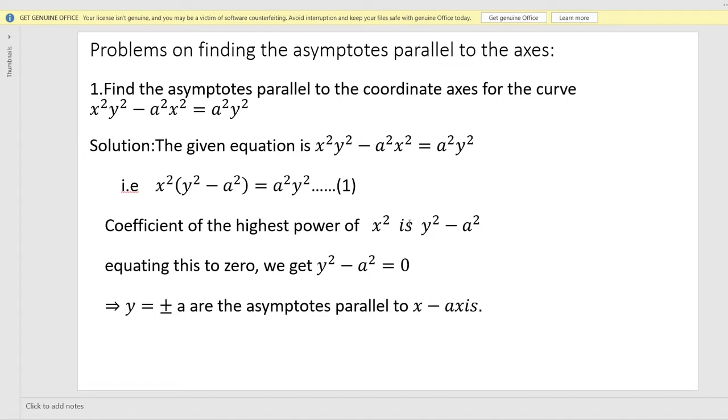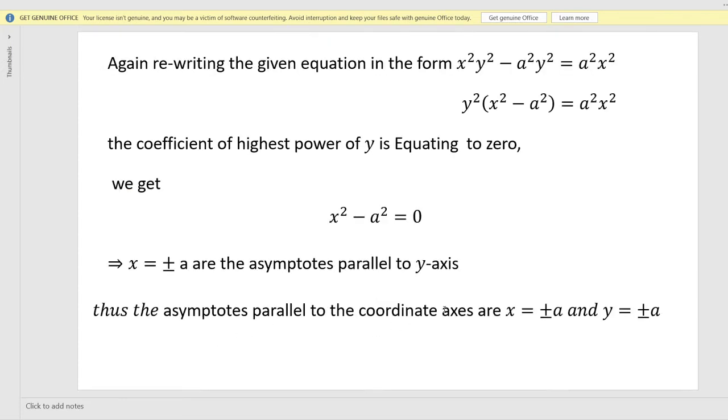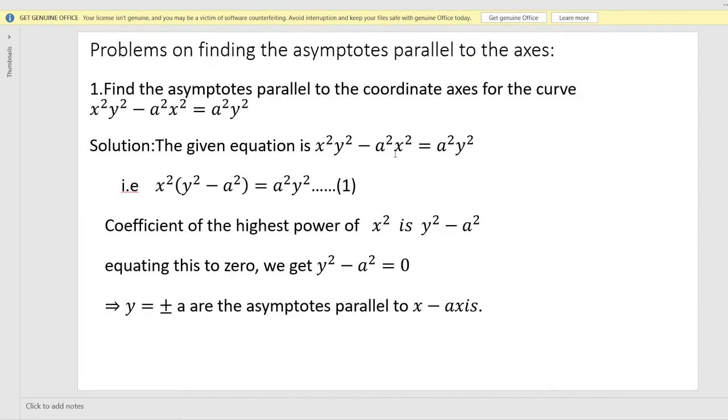In a similar way, they are asking for the coordinate axis. First we found the asymptotes parallel to the x-axis. Next, rewriting the equation, I take a²y² to the left-hand side and shift the minus a²x² to the right-hand side.